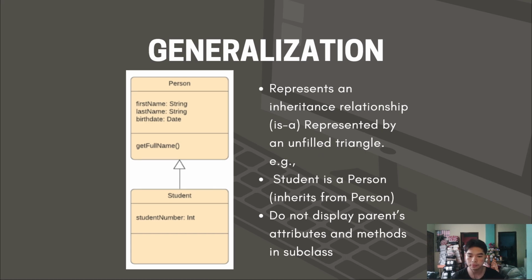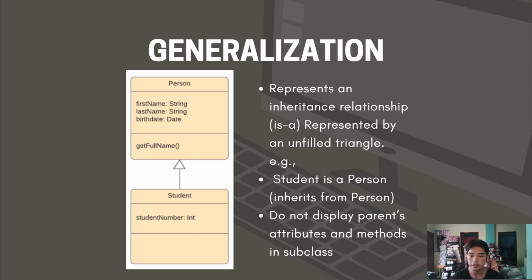Okay, so this example shows that in a UML class diagram, the student class is a specialized type of the person class, meaning the student inherits the attributes and methods of a person.